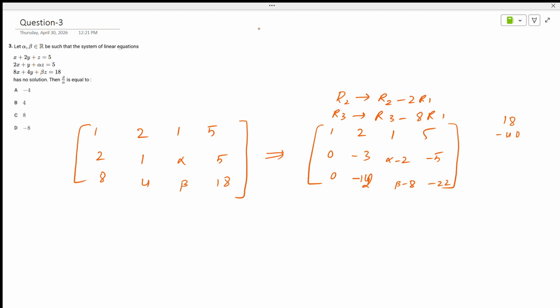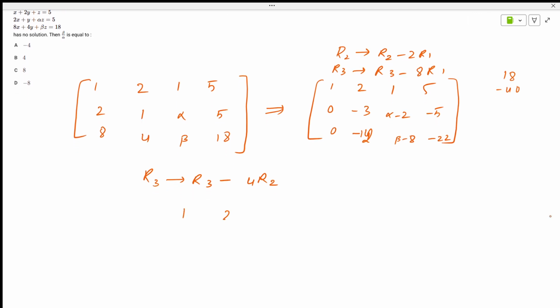Now let us make this as 0. So let us convert R3 to R3 minus 4R2. First row remains same. So 1, 2, 1, and 5. Second row also remains same, minus 3, alpha minus 2, then minus 5. But the third row changes.